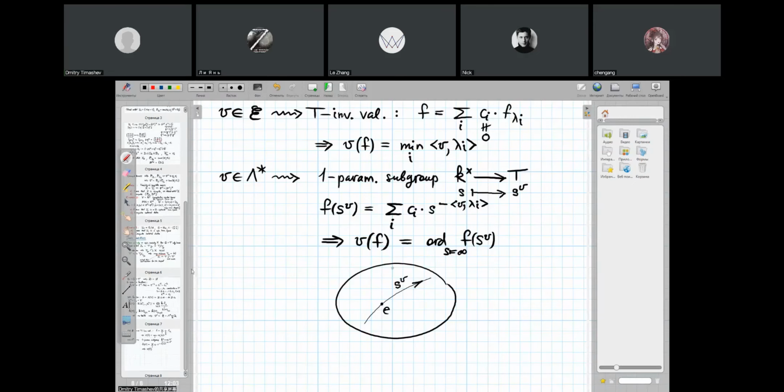If you are interested in this value, you have to restrict your function f to this curve and compute the order at infinity. Okay, so this gives some geometric flavor to these invariant valuations.